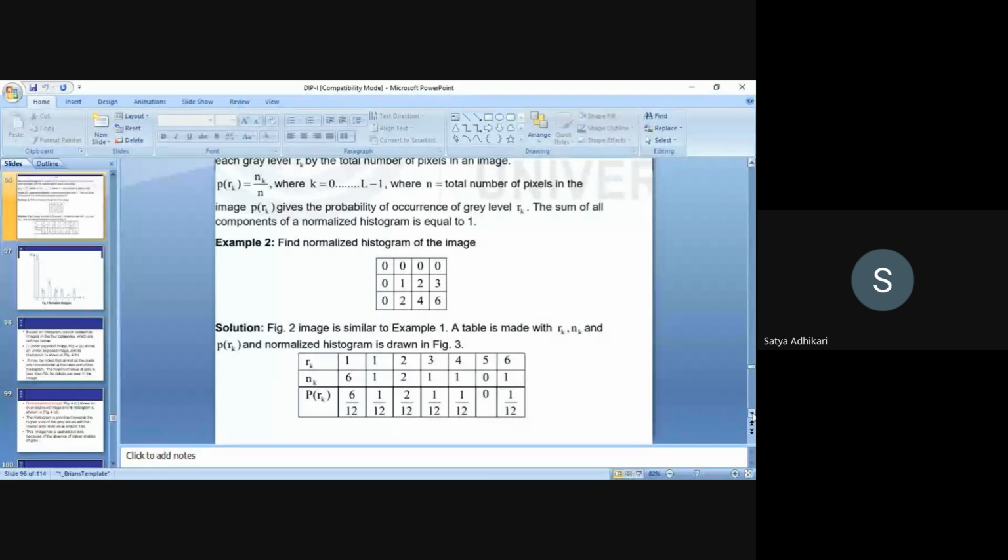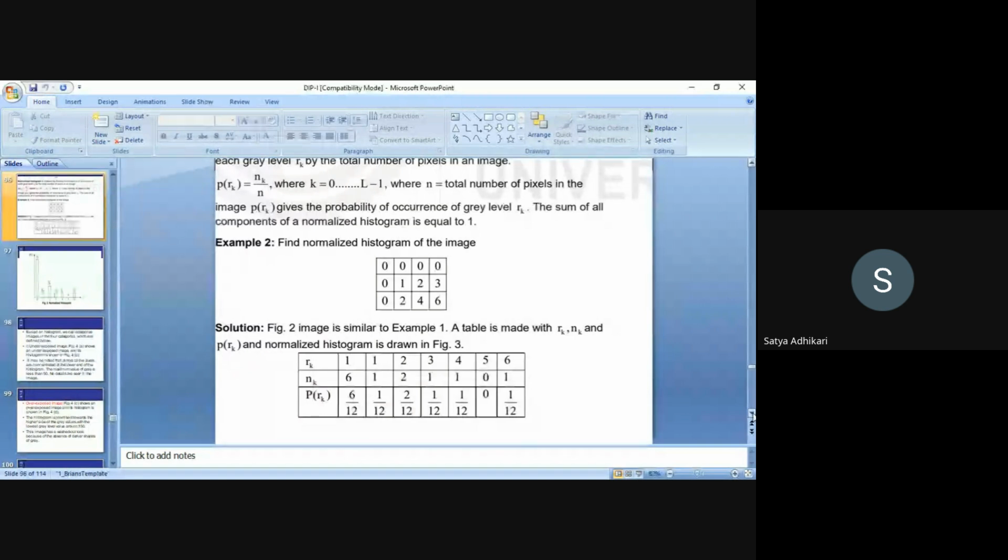And the probability of getting a 6 is 1 by 12 because there is only one 6, that is, 6 occurs once. So that is why 1 by 12. And if you check, you can add the probability values of all the events: 6 by 12 plus 1 by 12 plus 2 by 12 plus 1 by 12 plus 1 by 12 plus 0 plus 1 by 12. You will get 1.